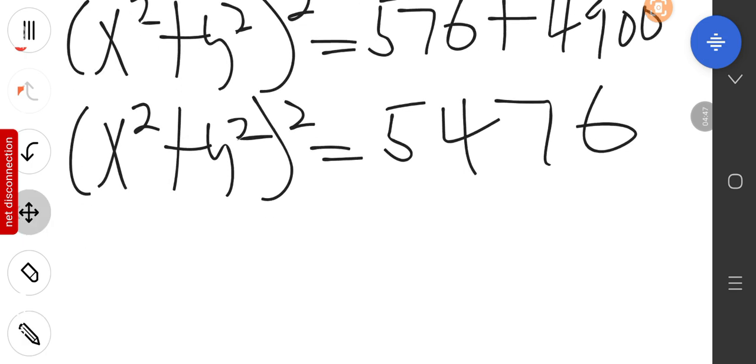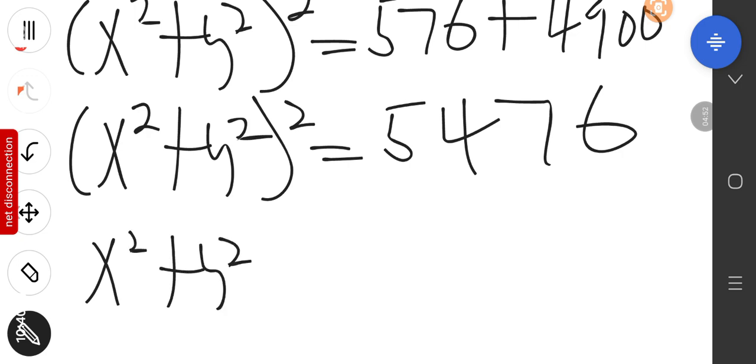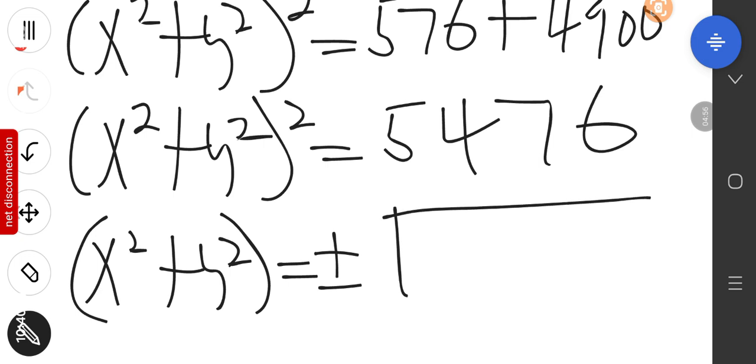So this is going to give us x squared plus y squared equals plus or minus the square root of 5476.